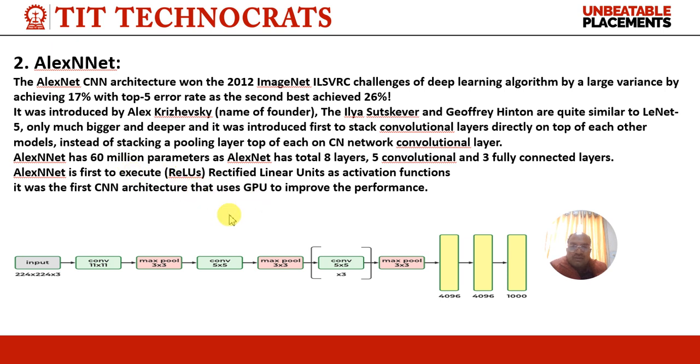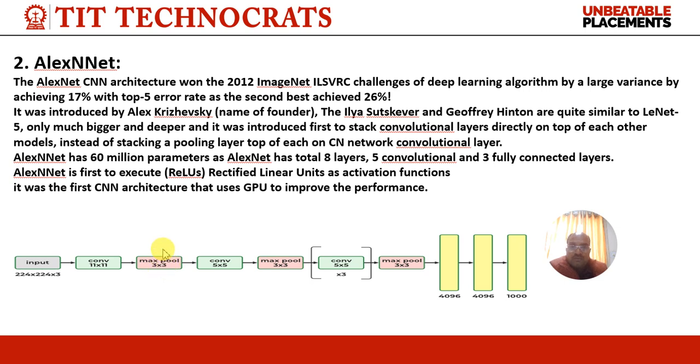Now you can see the architecture of AlexNet here. The input is an image of size 224 x 224 x 3. This shows the image is a colored image. First we apply the convolutional operation, where the filter size is 11 x 11, and then we use max pooling.